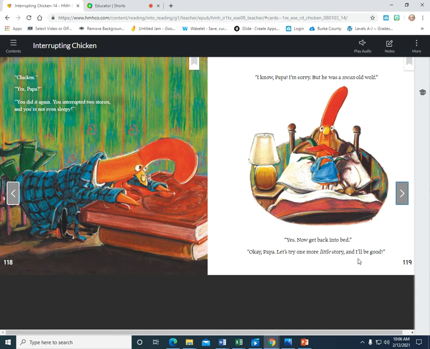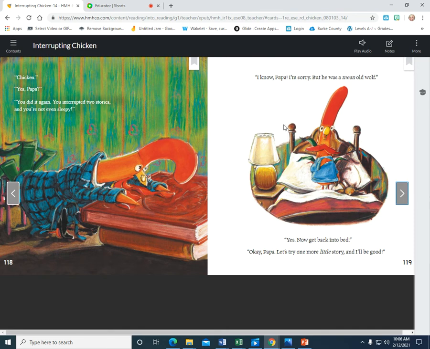He might even be a little angry, maybe disappointed too, because he says, "You did it again. You interrupted two stories, and you're not even sleepy." See, that's what it says on page 118. So these words let us know that he's very aggravated. And also, look how he's looking. He is just peering at the little chicken over here.